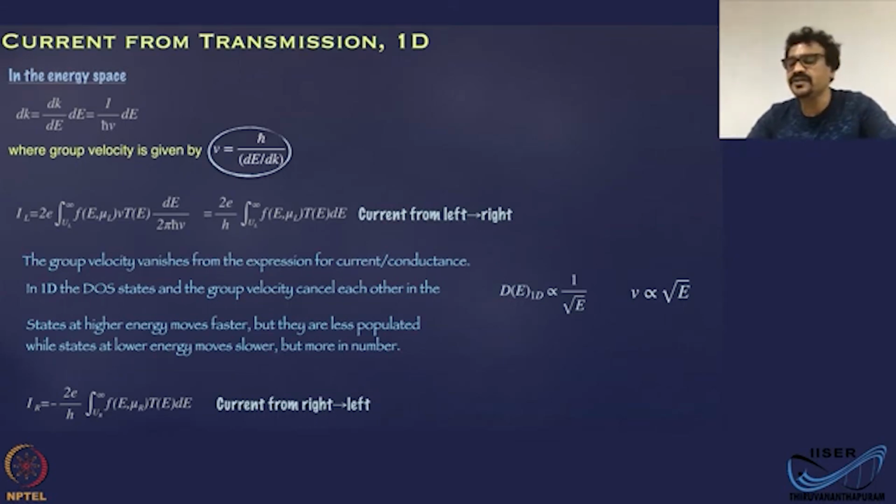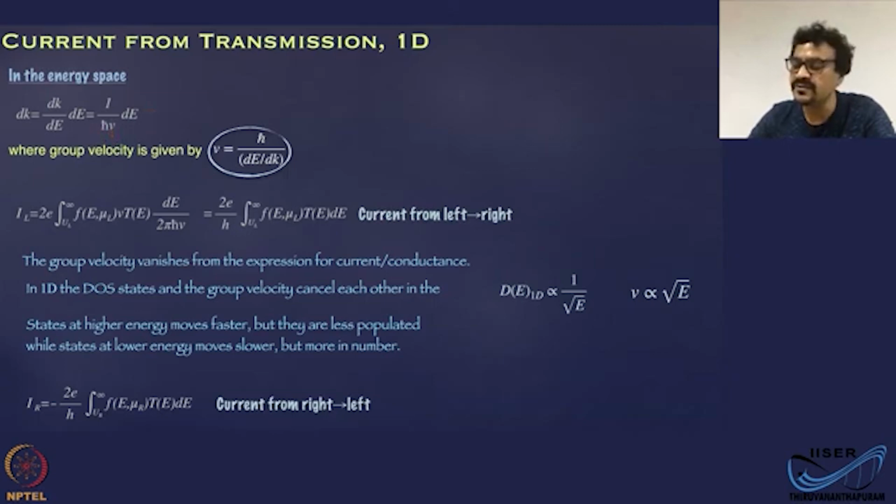So the integral over dk, we need to convert into an integral over dE, energy. So dk is dk by dE times dE, but dk by dE is basically 1 by h bar v, where v is the group velocity, since h bar divided by dE by dk is the group velocity. So let's substitute that here: dk is 1 by h bar v times dE.